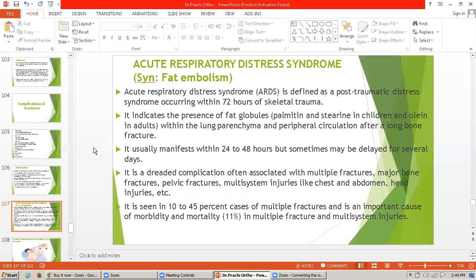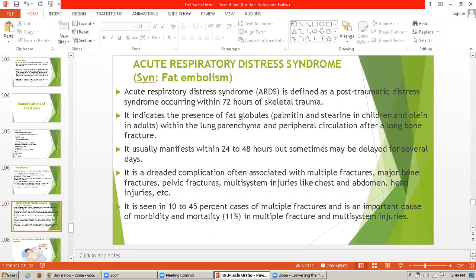First one is acute respiratory distress syndrome, that is fat embolism. ARDS is defined as a post-traumatic distress syndrome occurring within 72 hours of skeletal trauma.